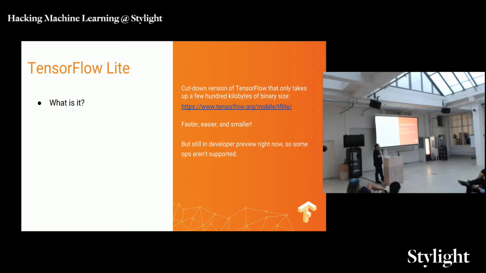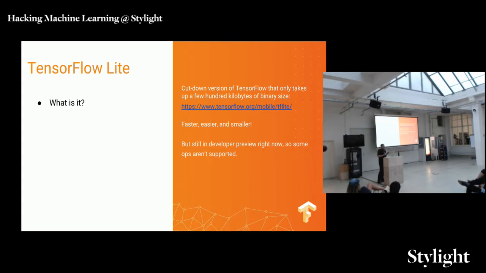TensorFlow Lite can just be like 200 kilobytes of code, which is really important for a lot of mobile developers. Almost everybody I know is kind of bumping up against the 100 meg limit in the Play Store, and similar kind of limits on iOS. So every kilobyte really counts. So TensorFlow Lite is designed to be faster, easier, and smaller.